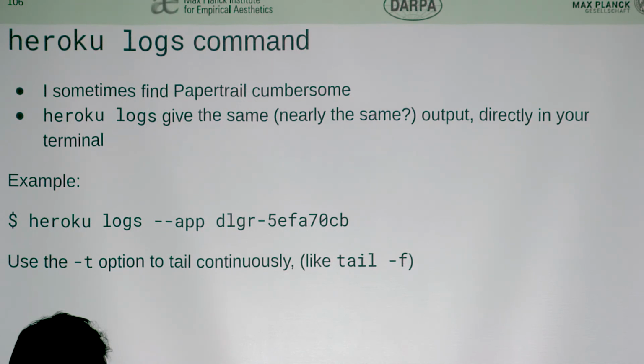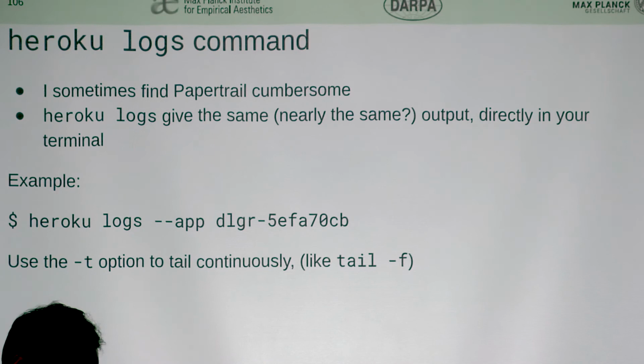Yeah, I thought this was worth mentioning. Yeah, that's cool. A lot of the time when I've been looking at Papertrail logs, it's to debug someone else's experiments, and sometimes there are complications with granting permissions to logs. At some point, I was looking at the Heroku documentation and I found this heroku logs command, and if you have Heroku installed, you can just run it.